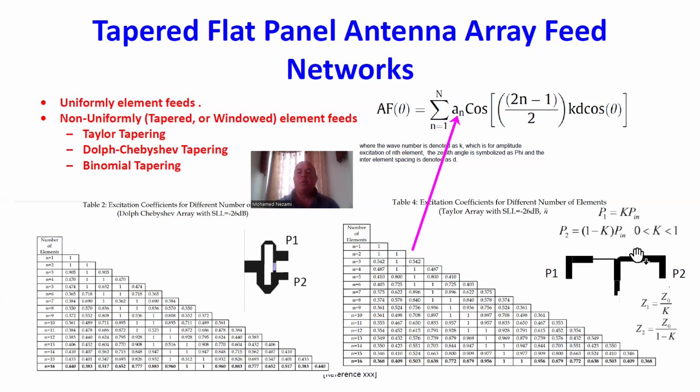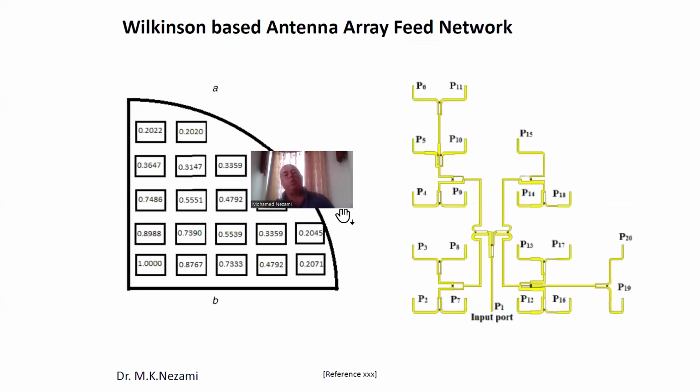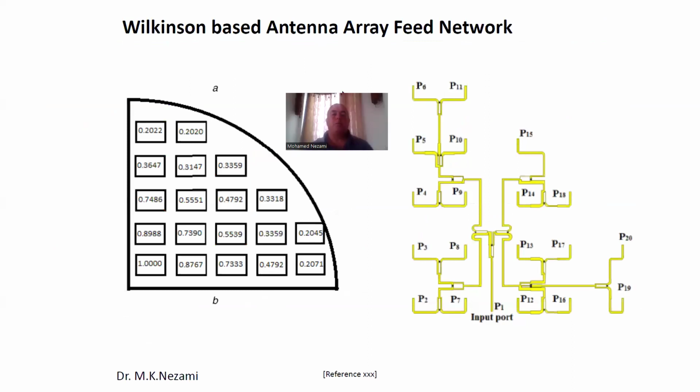And we end up using this unequal T-junction power splitter or the unequal Wilkinson power divider, and all of these are basically implementing this coefficient in here, which is the tapered coefficient on the antenna shaping function that are implementing these here. Okay, so we will do that next time on the next video.